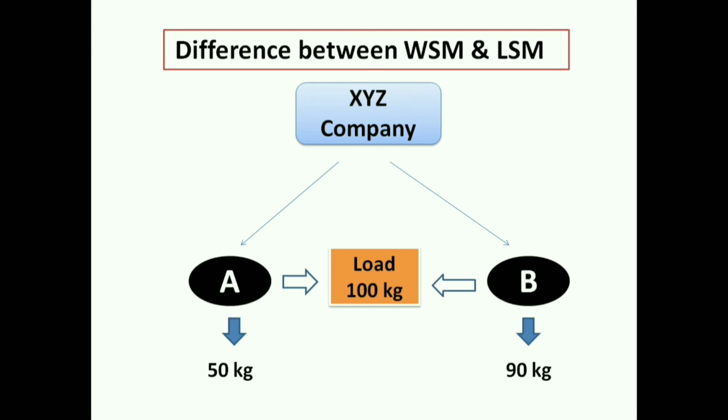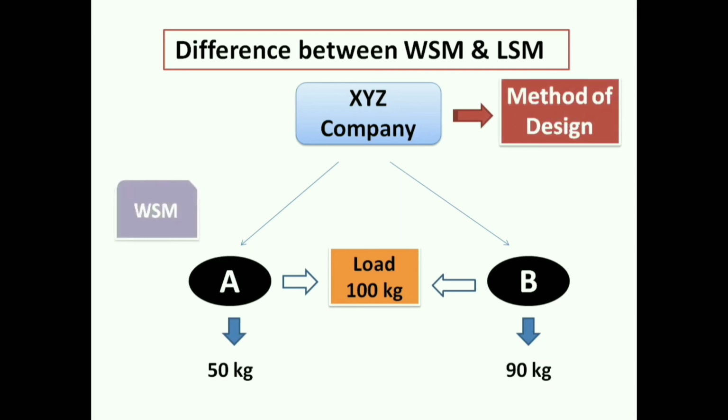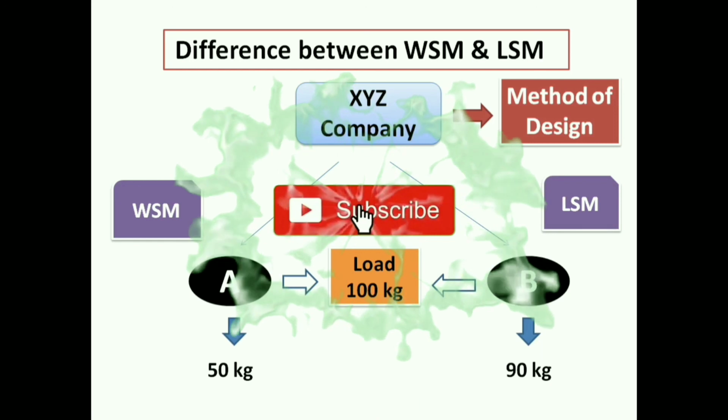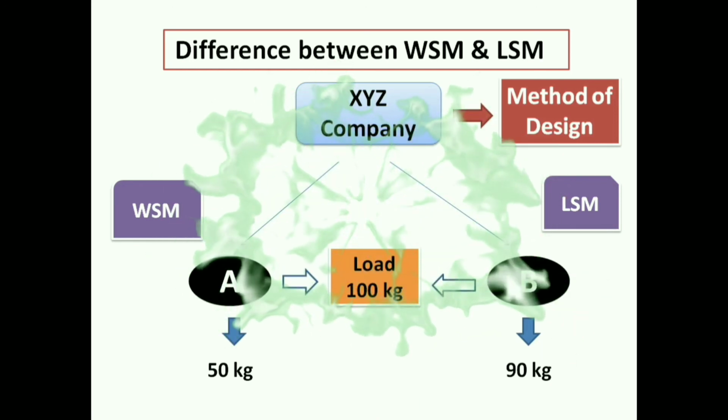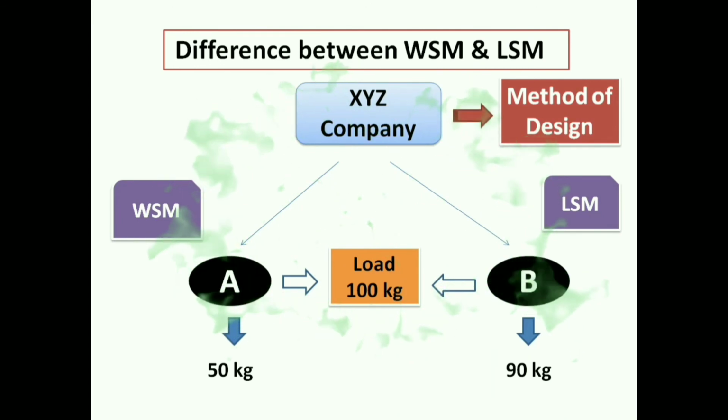Now we can say that the XYZ company is the method of design, and A is for WSM and B is for LSM. So the basic difference is for WSM the factor of safety is taken higher than the LSM. So nowadays for this reason limit state method or LSM is used for design purpose.